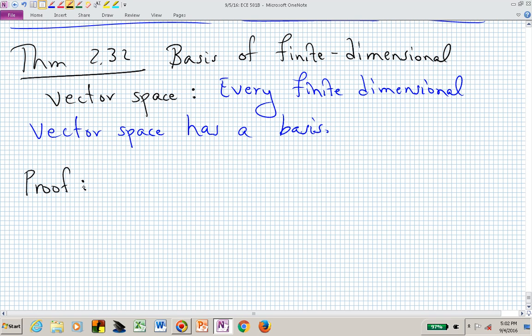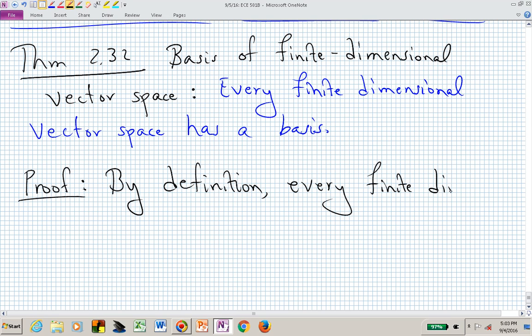So if somebody is working with a finite dimensional vector space, it's possible to create or have a basis for that vector space. How do we show that? By definition, every finite dimensional vector space has a spanning list.